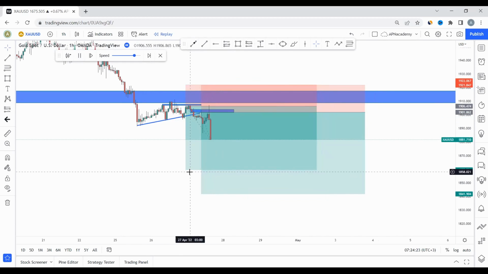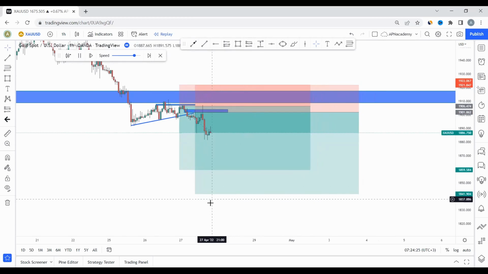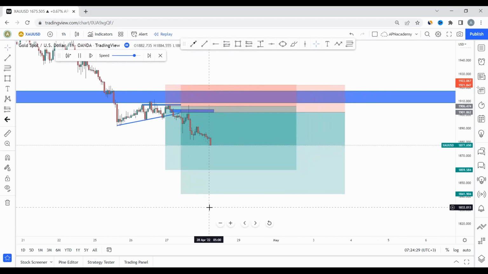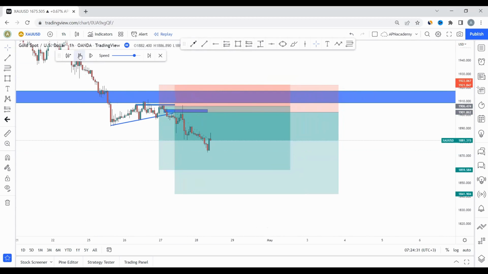Remember, our first target is this one here, then the second one is this one. So you have 2 trades running because of the reasons I've given you. Now, this is the scenario I was saying, if the market breaks down, retests, breaks down, retests, in this scenario you can go risk-free, or you can protect some trades because there are a number of pips that the market has already moved here.